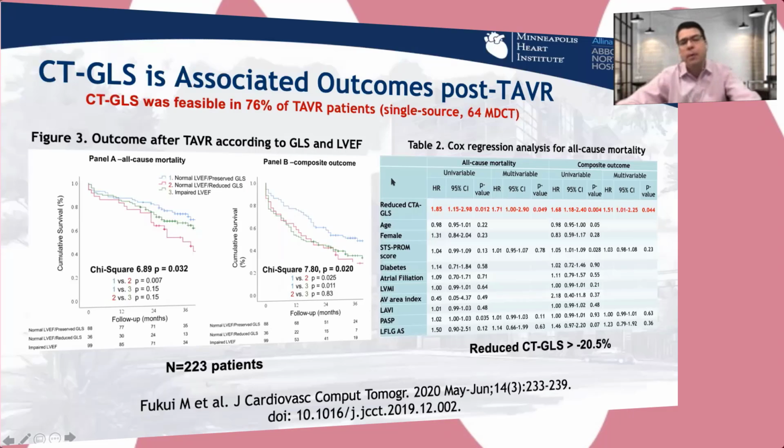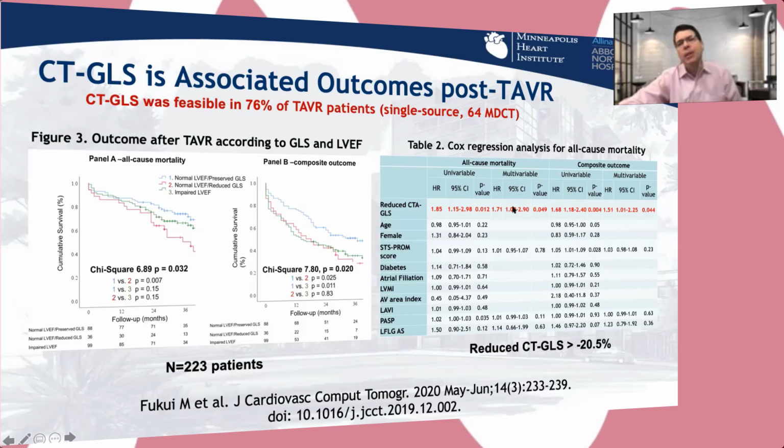And in our cohort in Pittsburgh, 223 patients, using a different software, single source CT scan, this was feasible in almost 3/4 of these patients. We showed that despite having normal ejection fraction, when the strain was reduced, and this is the group in red, they had similar all-cause mortality to patients that had impaired EF, but significantly worse if they had preserved EF and preserved GLS.